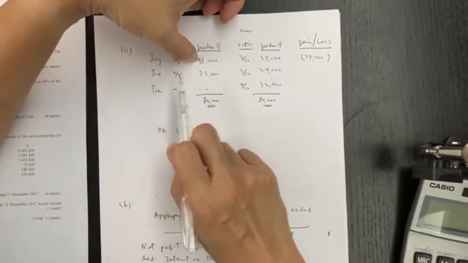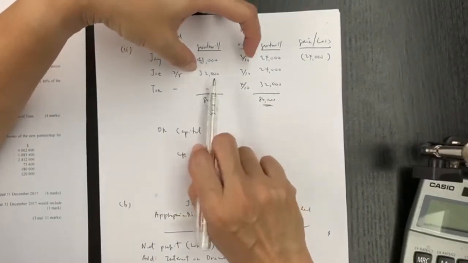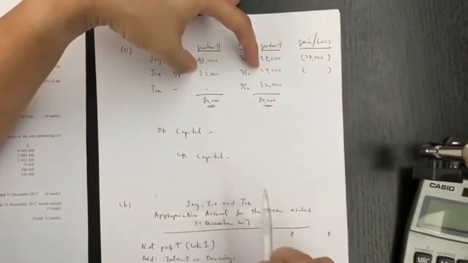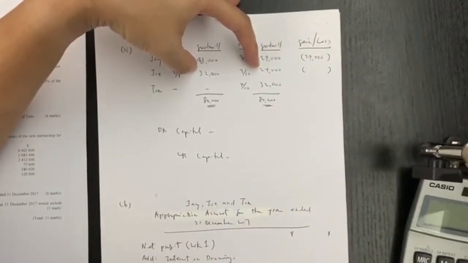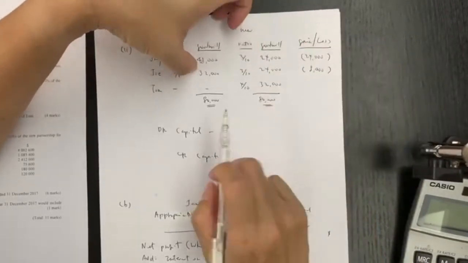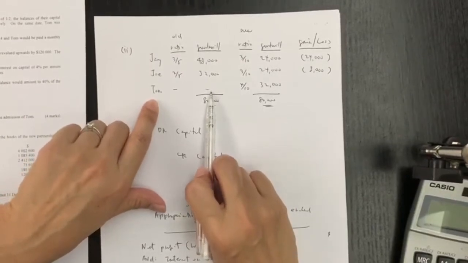Joe established goodwill of 32,000, but after changing the profit and loss ratio, Joe has a loss: 32 minus 24, that is 8,000. And Tom established nothing.